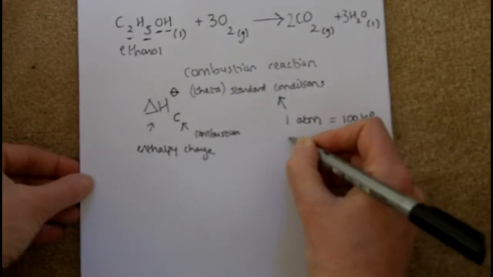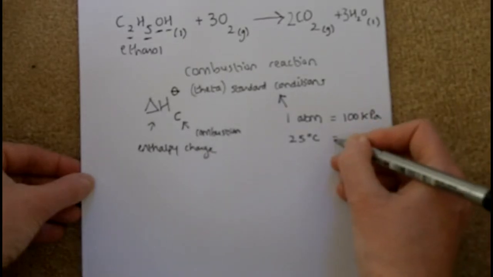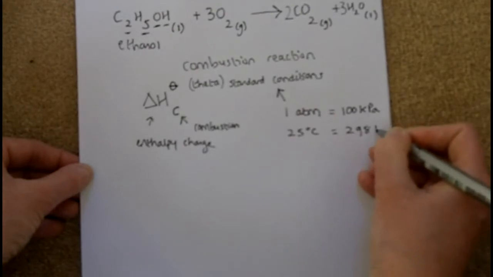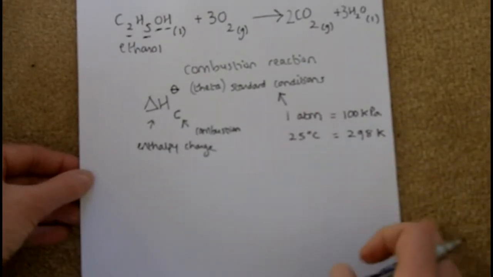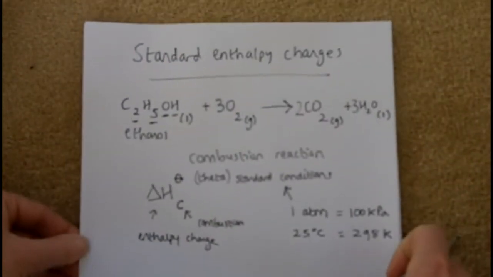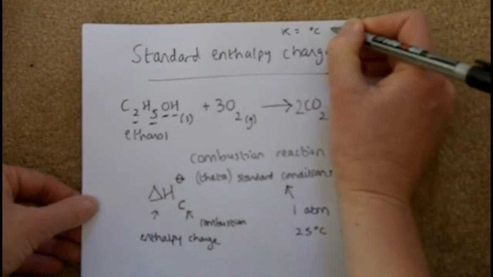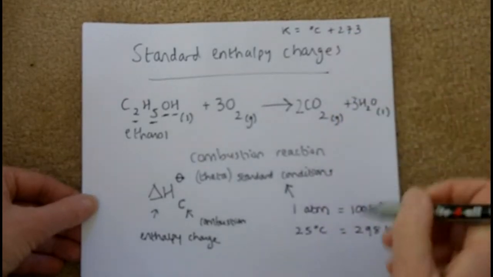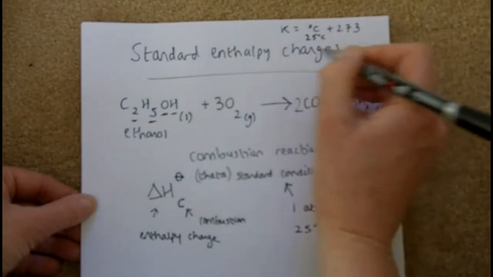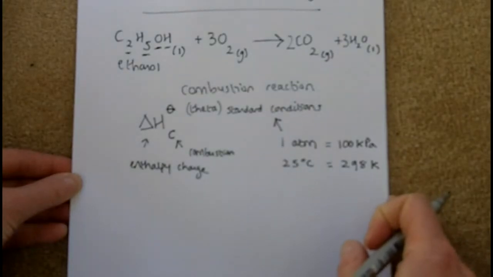The temperature is 25 degrees in the room when you're doing this experiment, and we can also write that as 298 Kelvin, capital K. Remember the relationship? Kelvin equals degrees plus 273. So if 25 degrees, that's going to give you 298 Kelvin. Okay, these are standard conditions.